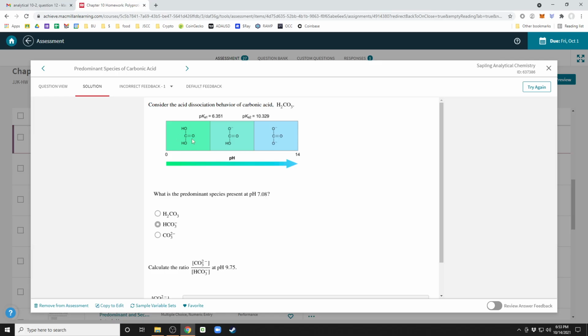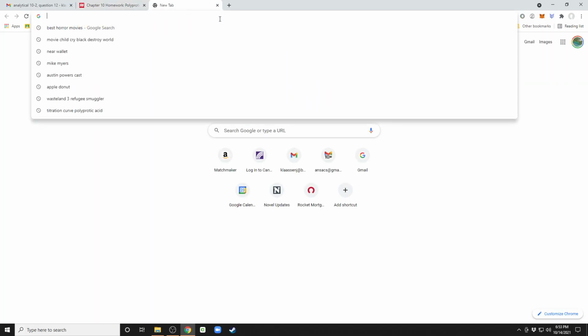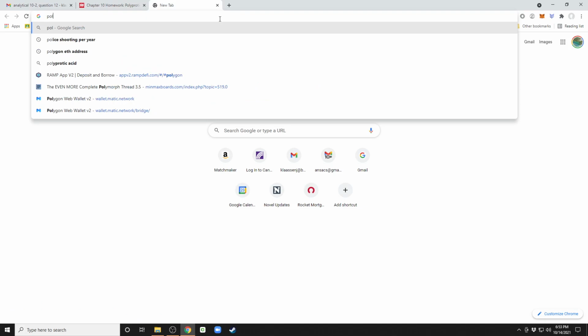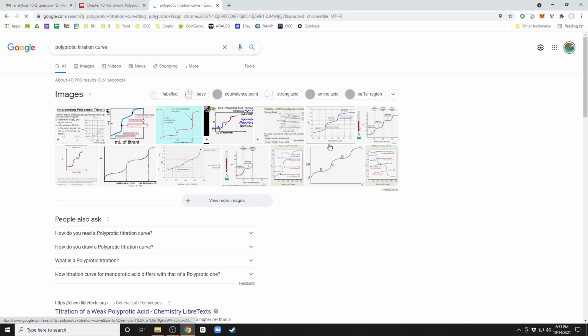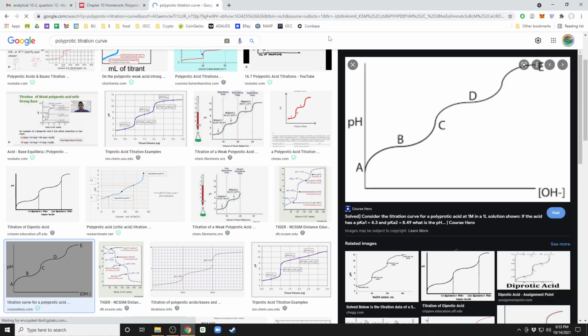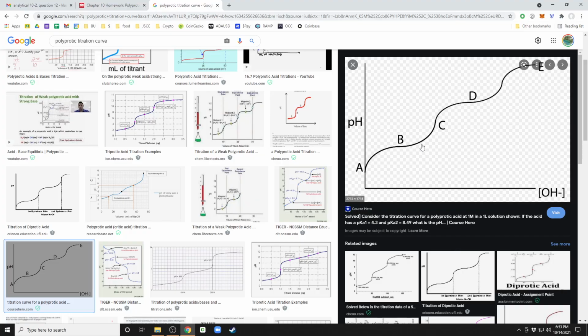So you'll have these two species. You won't have any of this once you get past the stoichiometric equivalence point of this leg. Let me go ahead and look that up again so I can get that in front of you. So for reference, this would be the pKa of 10.329 right here.